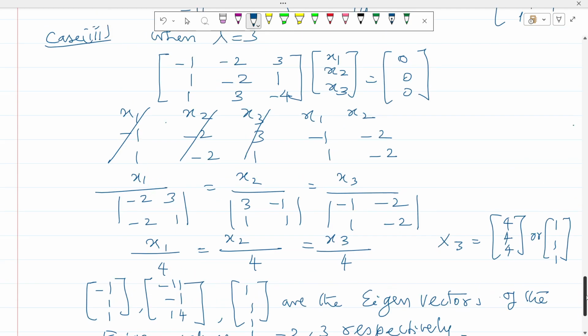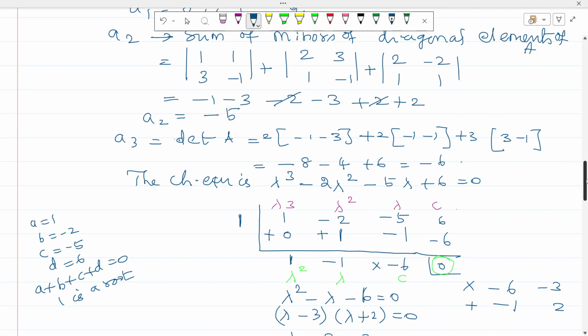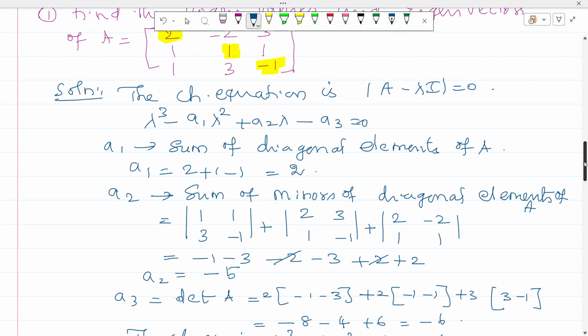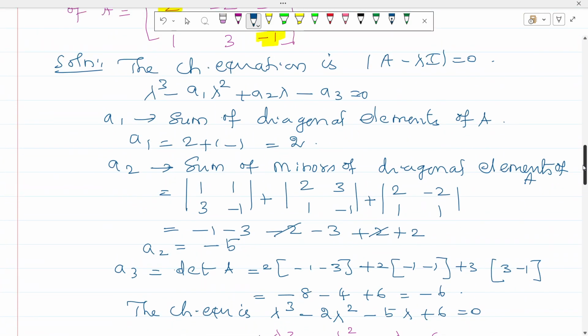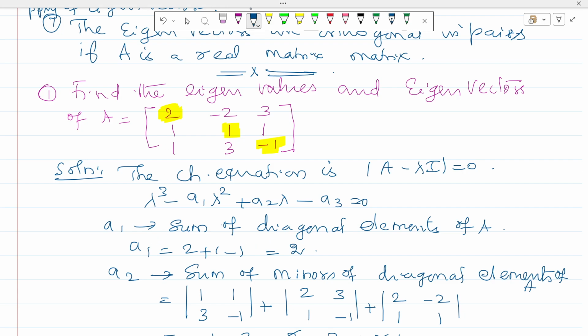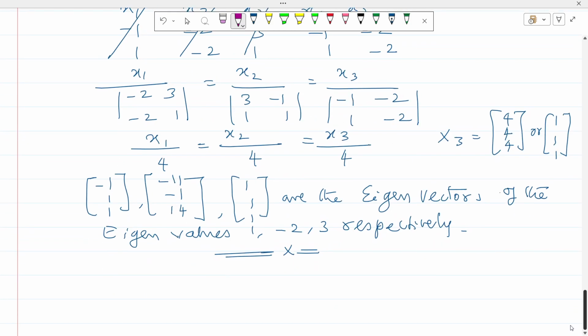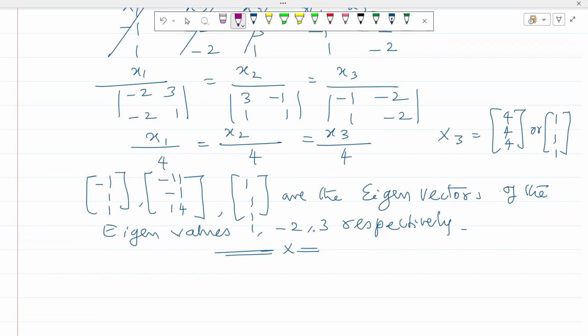In this, there are checkpoints by which you can easily verify whether your results are correct or wrong. The sum of the eigenvalues is the sum of the diagonal elements. The eigenvalues are 1, minus 2, 3.